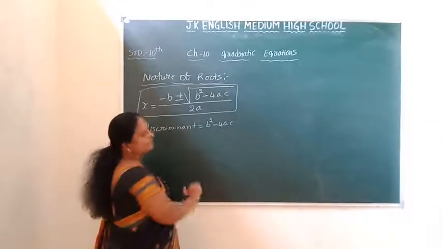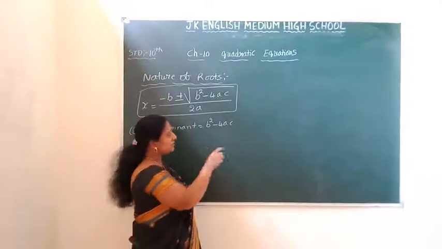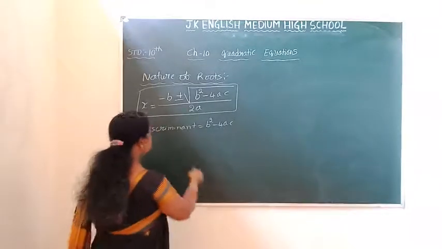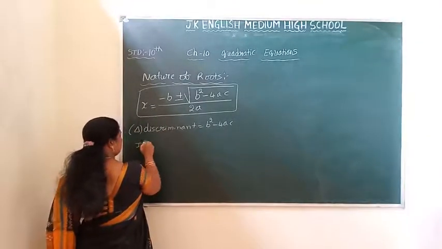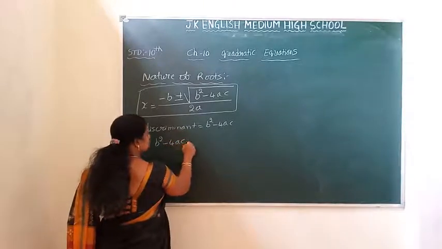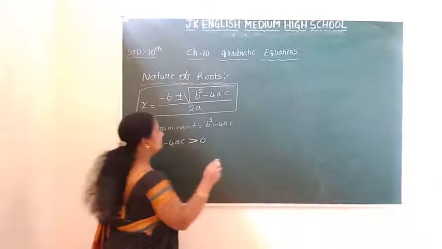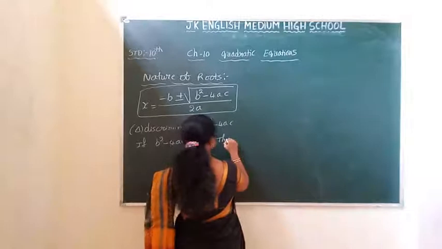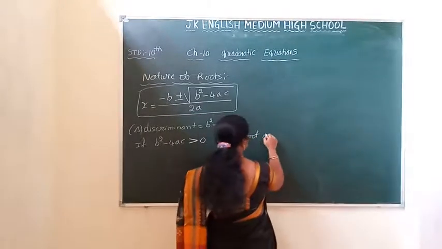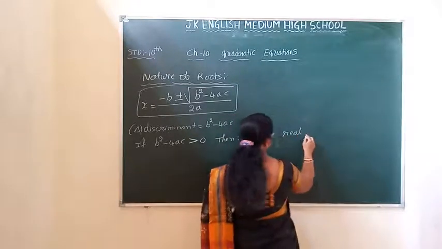So now when you write the formula, substitute the values: given a quadratic equation, find out the values of a, b, c and substitute in this. If b square minus 4ac value is greater than 0, then the roots are real and distinct.